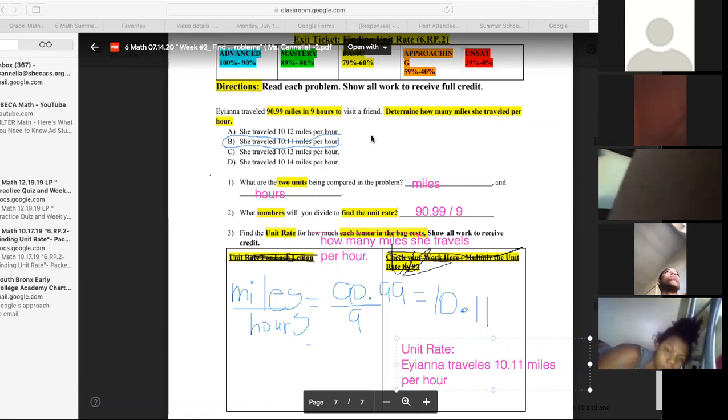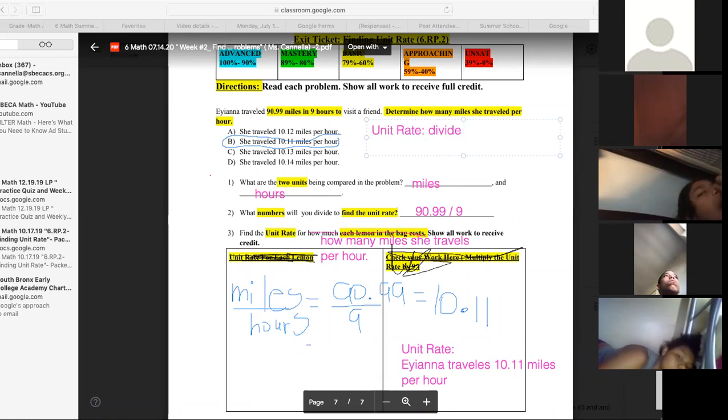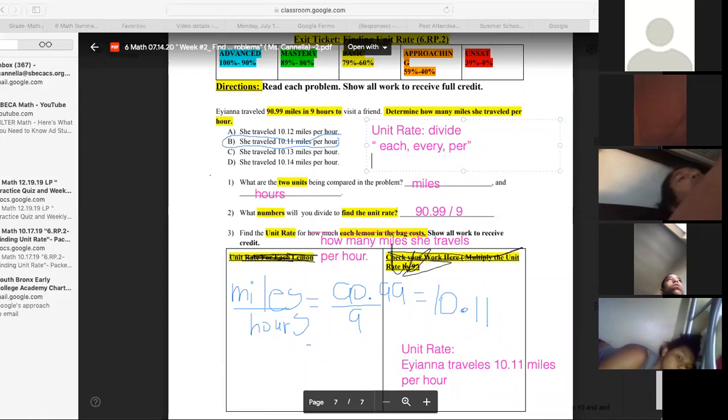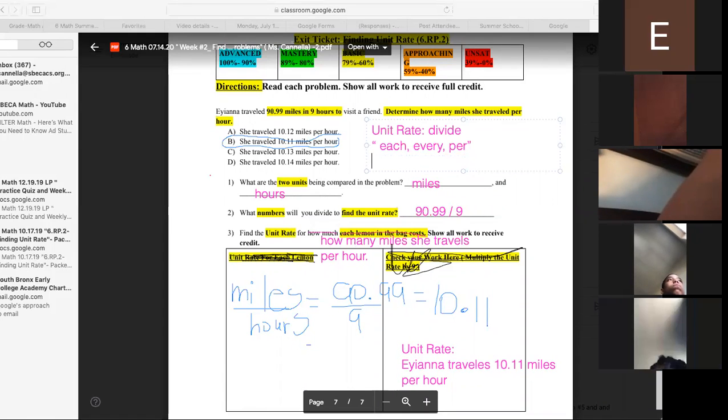We're also going to add on our paper that when we see a unit rate, we divide, because when we see the word each, every, per, we think unit rate, which is, who can remember that fancy seventh grade word?